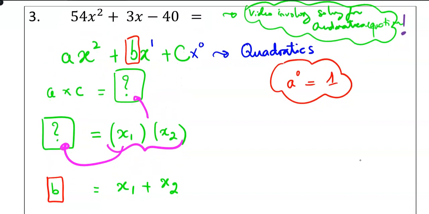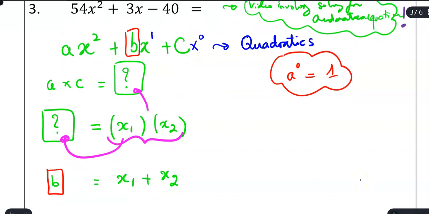because sometimes when you take c times a, you have a very large number to work with, and the process may be tedious for you to figure out the other two numbers. Multiplied, they will give you this product, and the same two numbers have to give you the middle coefficient of the x to the exponent 1, which is b. This can be tedious.